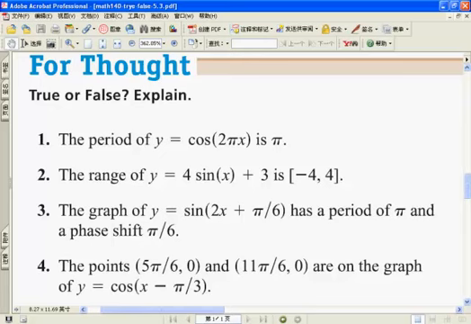Let's see. We know to get the period of this function, we need to use 2 pi divided by the coefficient of x. Then 2 pi over 2 pi is equal to 1. So that means the period of this function is equal to 1, not pi.